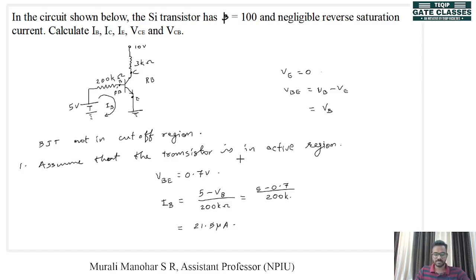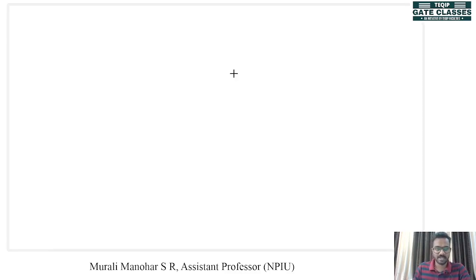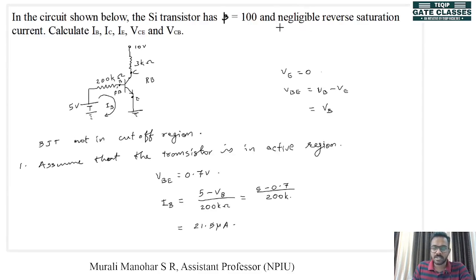Okay. Now we know IB. After finding IB, we can find out the value of IC, right? Now IC will be equal to beta IB plus beta plus 1 ICO, but here in the question it is given that there is a negligible reverse saturation current, so we don't have to consider ICO.